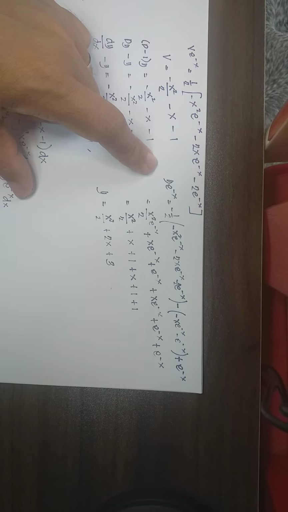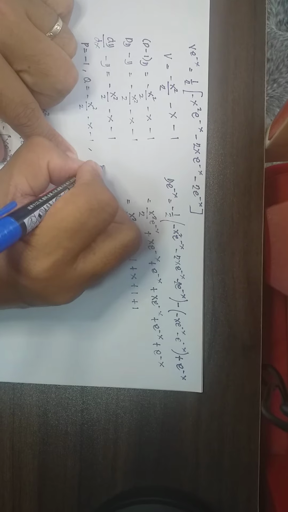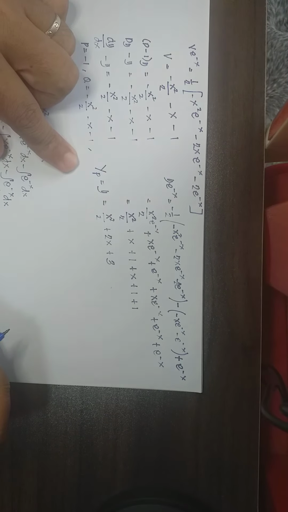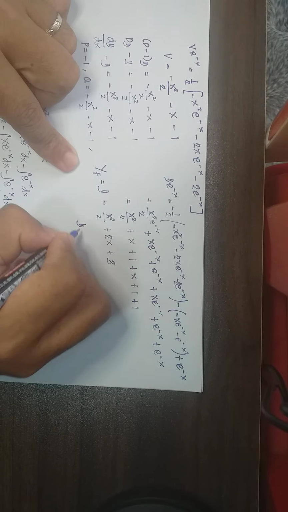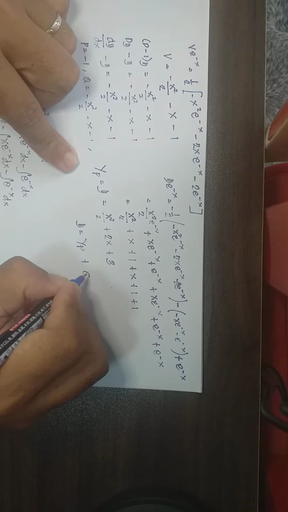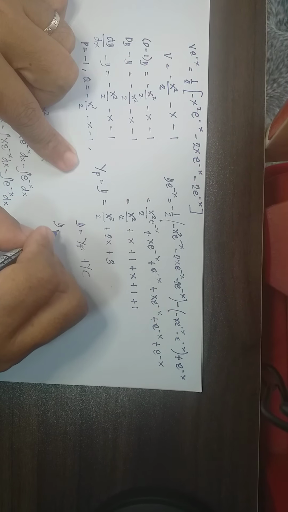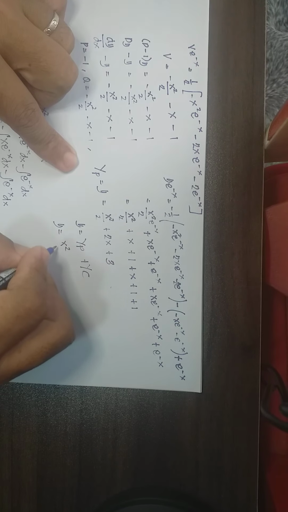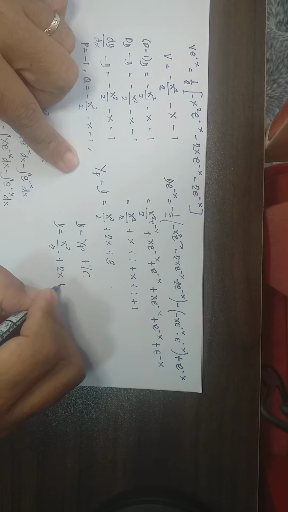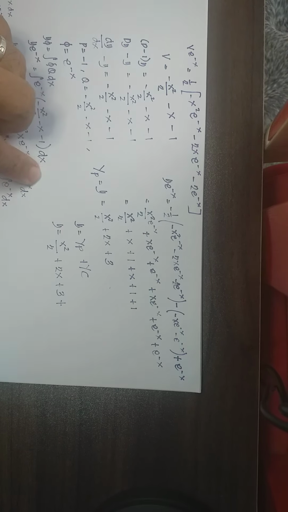Okay? But this y here is also equal to yp. The solution, therefore, y is equal to yp plus yc. So y is equal to x squared over 2 plus 2x plus 3 plus yc.